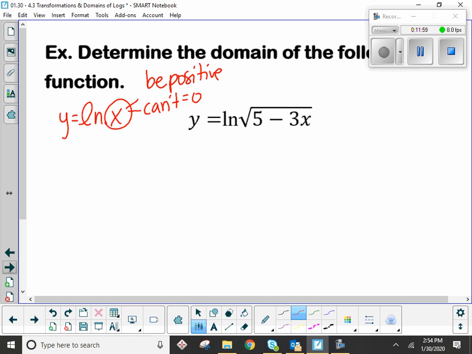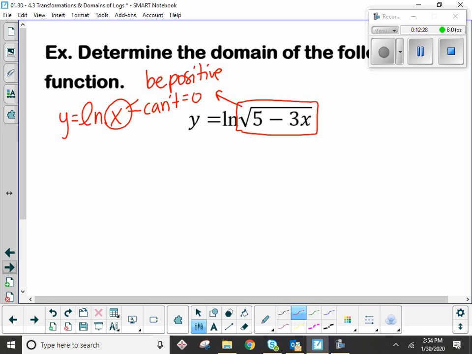But instead of x in this example, what we're taking the natural log of is this entire thing as like its own little entity, the square root of 5 minus 3x. But the same two things must be true about that, whatever's inside the box. It must be positive and it can't equal 0.